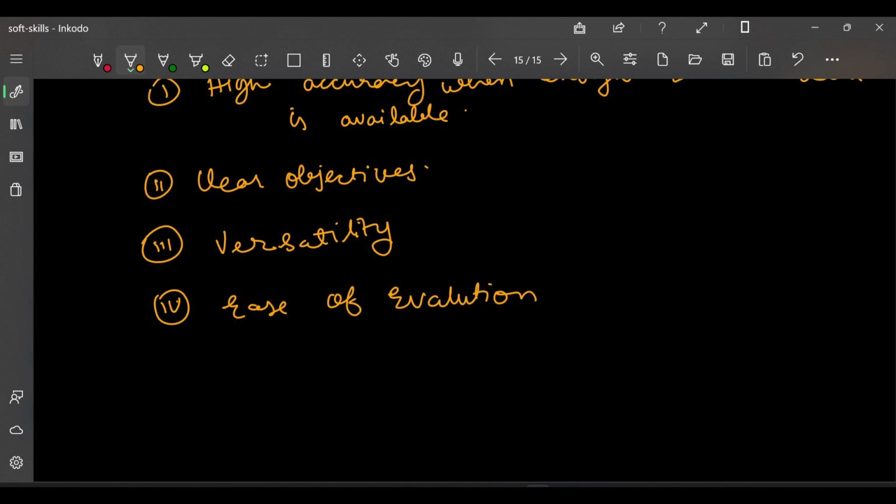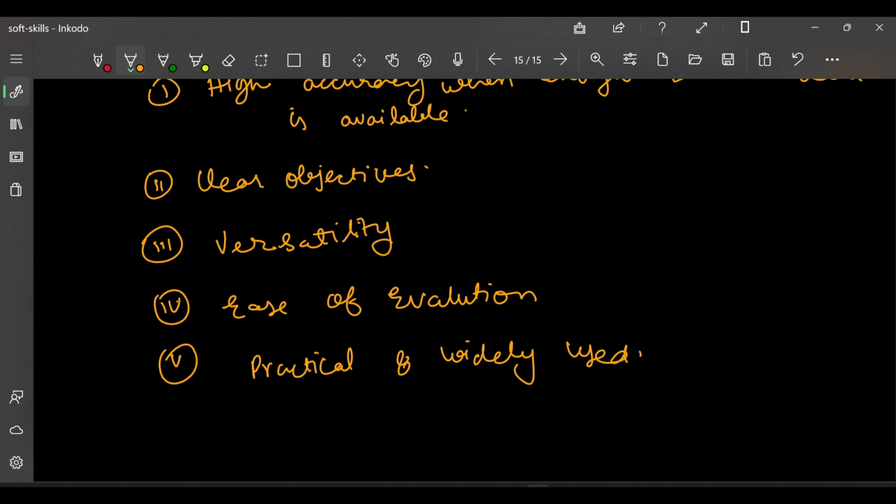Performance can be directly measured using metrics like accuracy, precision, recall. The fifth advantage of supervised learning is that it is practical and widely used. Most real-world applications like fraud detection, medical diagnosis, and recommendation systems rely on supervised learning.